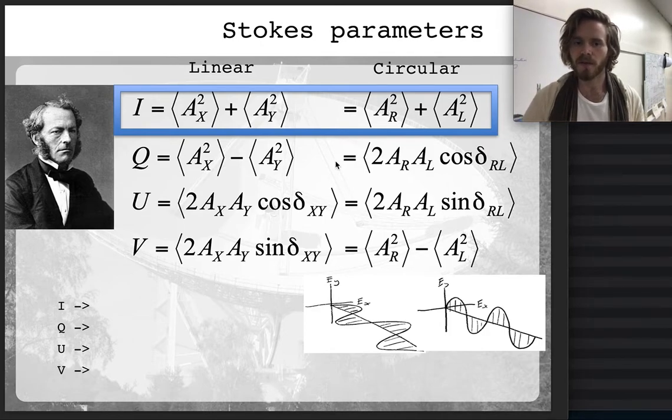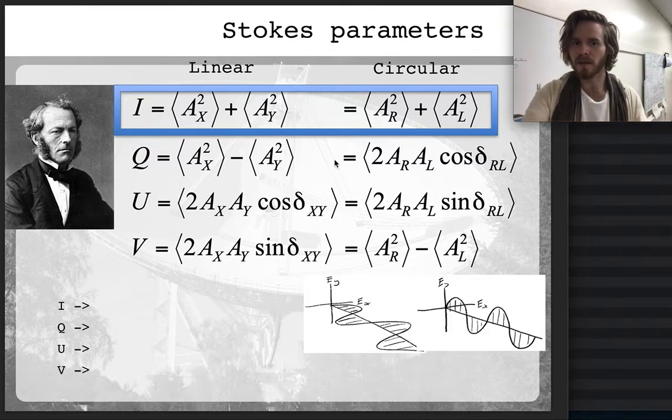In the case of the total intensity, it's pretty easy to think about it in linears or in circulars. We mentioned before that any wave can be decomposed into its vertical and horizontal components, so it stands to reason that the total intensity of a wave will be the sum of its components.